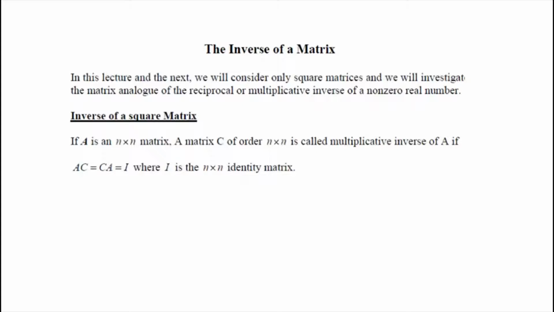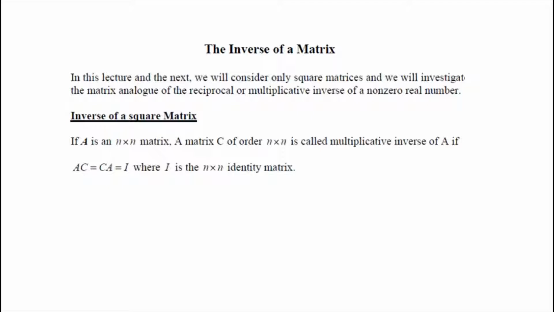We had left in the classroom, our topic is related with matrices titled as the inverse of a matrix. We are already well aware of the multiplicative inverse of real numbers. In real numbers, the multiplicative inverse for a number x is denoted by 1 over x or x power minus 1.